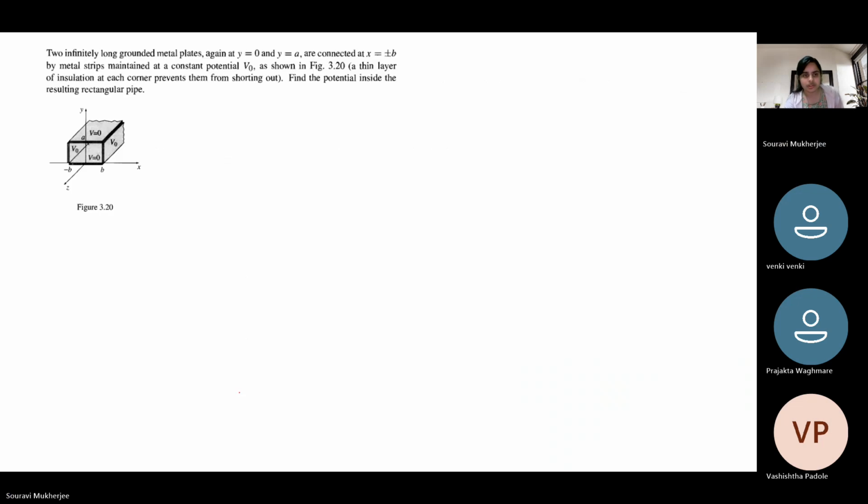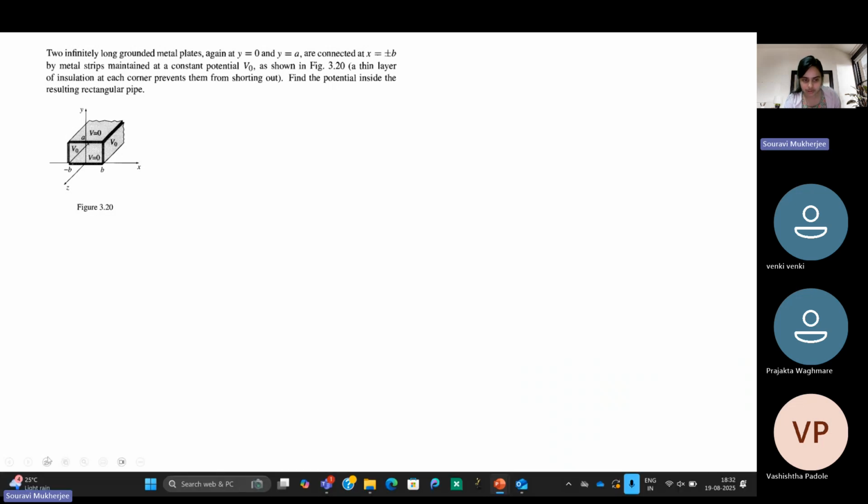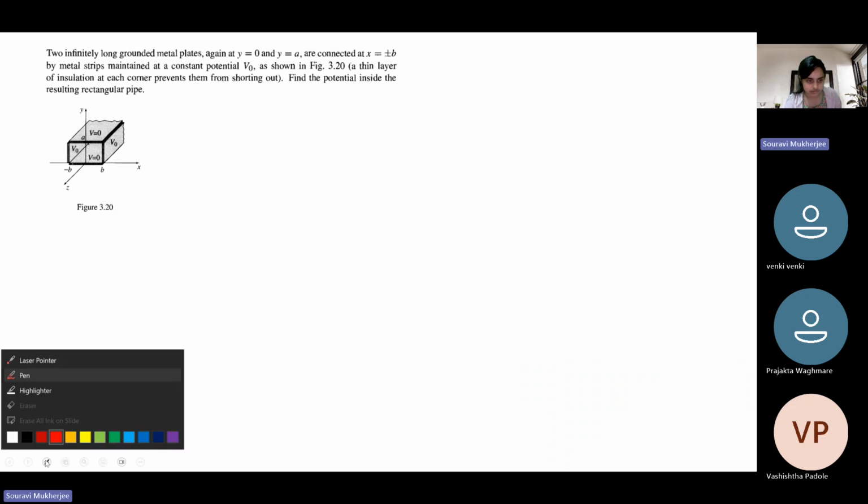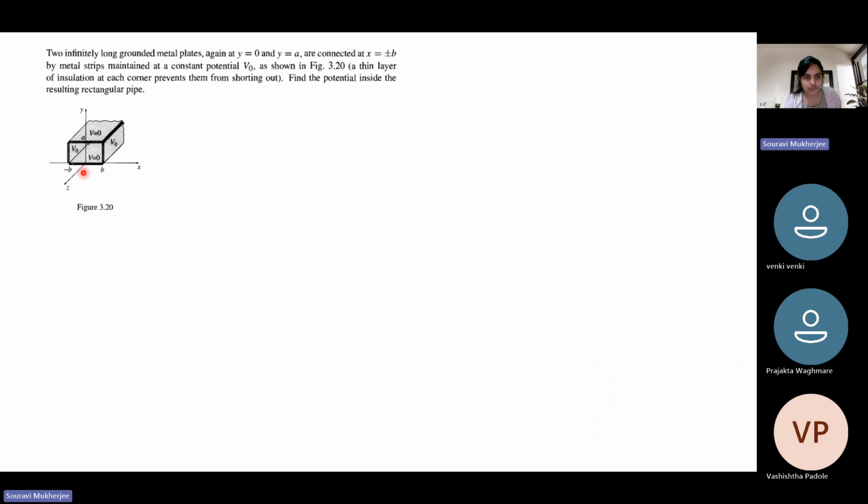Now, there can also be questions like this. It's a similar kind of question, but now the boundary conditions have slightly changed. Initially you had a range from 0 to some distance, now your box ranges from minus b to b. So you have an added symmetry in x.